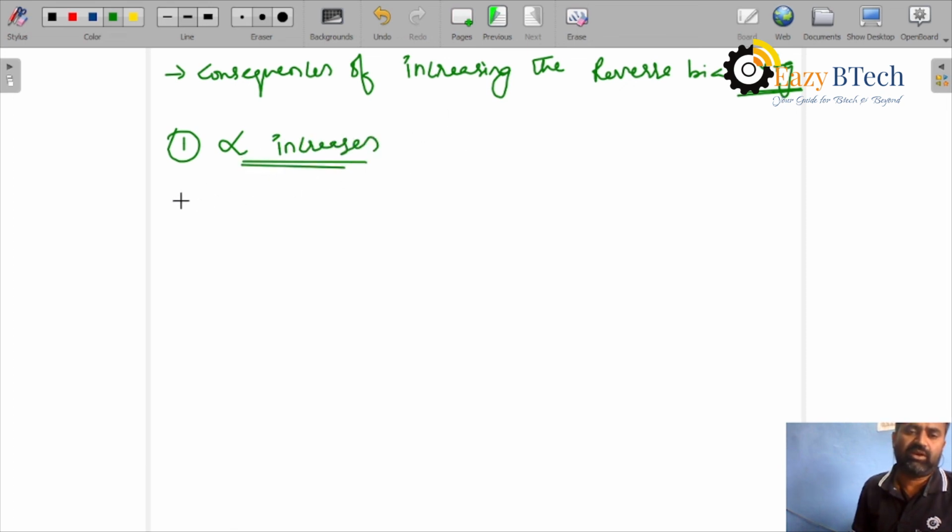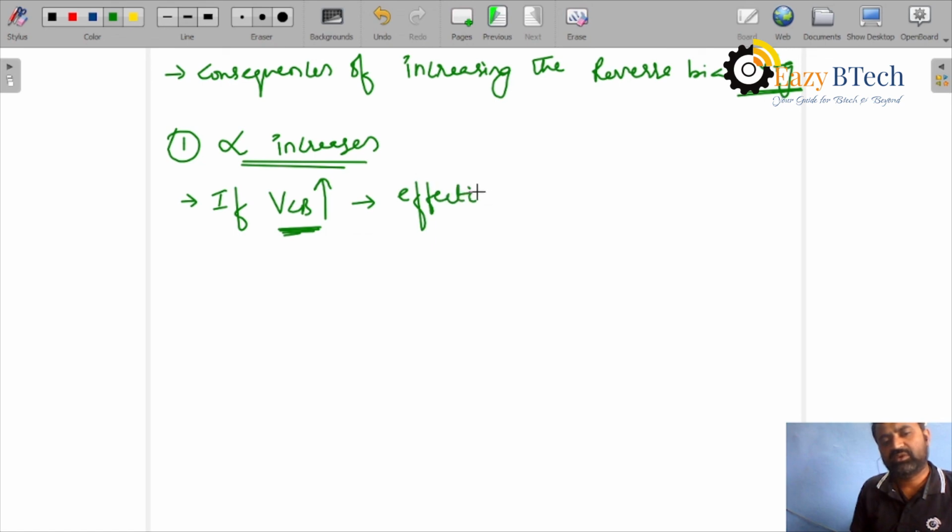Now, if VCB, the reverse bias voltage, increases, what happens? The effective base width decreases.